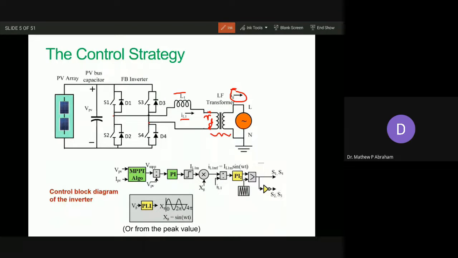So our primary aim is to decide the current to be injected. The current can be injected in several ways. So basic way is to inject the current in phase with the voltage at unity power factor.